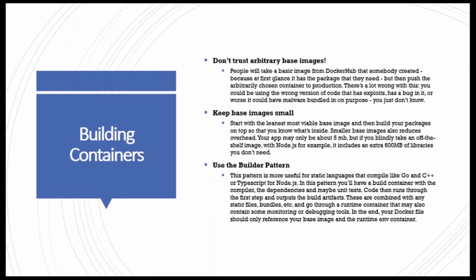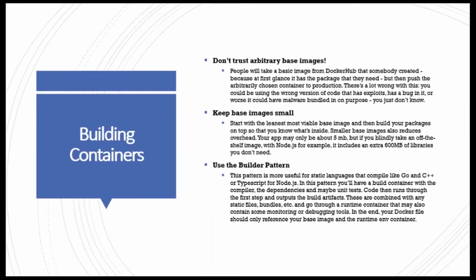Next, keep the images as small as possible. We have used the multi-stage build in Docker; we have talked about how to do a multi-stage build. Use that mechanism to keep the images as small as possible. Then use the builder pattern.